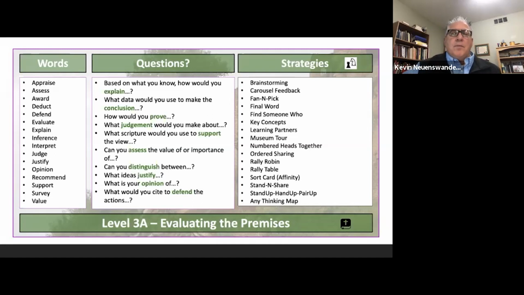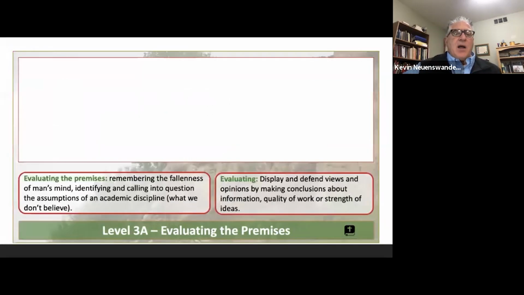So let's look at evaluating the premises. So remembering the fallenness of man's mind, identifying and calling into question the assumptions of an academic discipline, what we don't believe, and evaluating, displaying, and defending views and opinions by making conclusions about information, quality of work, or strengths of ideas.